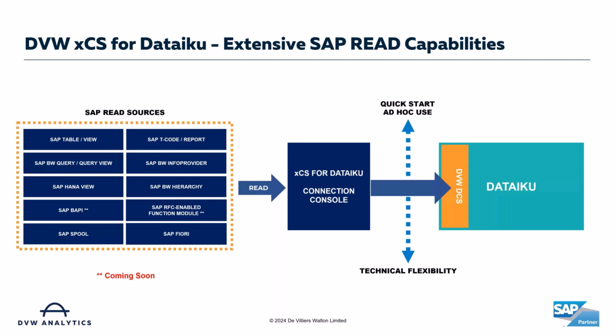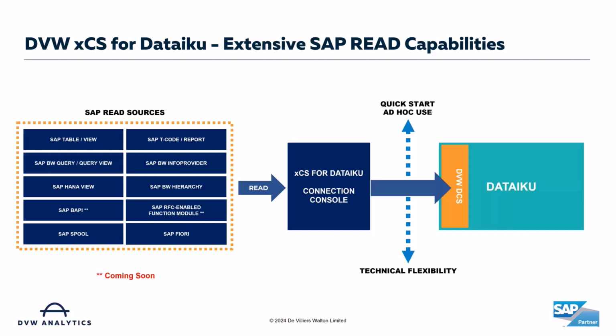So as you migrate your SAP landscape onto the newer SAP products, you actually unlock even more capability within our product set rather than less as you move to it. Coming soon, we have capabilities around access to data through BAPIs and RFC-enabled function modules. We currently have this within our other exposed products, and we're starting to make this capability available to our other products as well. So that'll be coming relatively soon.